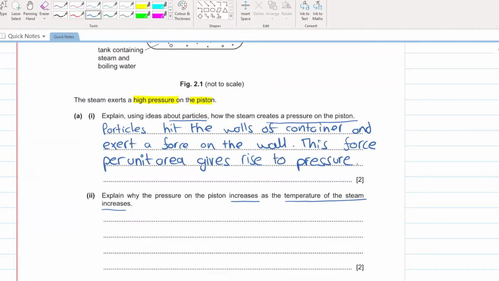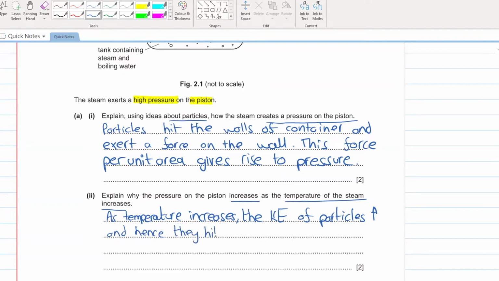Because as temperature increases, the kinetic energy of particles increases, and hence they hit the walls of the container more frequently.